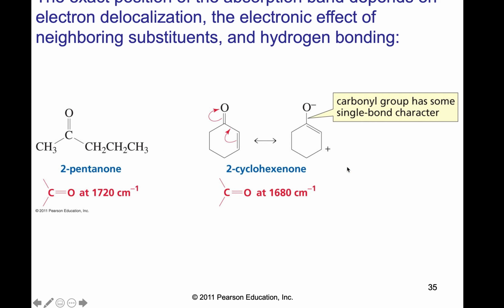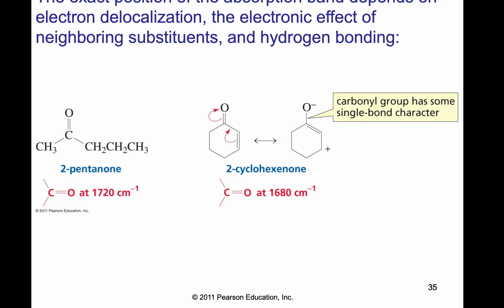Now over here on the right we have 2-cyclohexenone, and that's a conjugated system. See, carbon-oxygen double bond, double, single, and then another double. That's conjugated. There's resonance. See the arrows? So as a result, that moves down to 1680 reciprocal centimeters for this carbon-oxygen double bond. In other words, resonance is stabilizing, and you get a dramatic shift to the right towards longer wavelength, more stable.